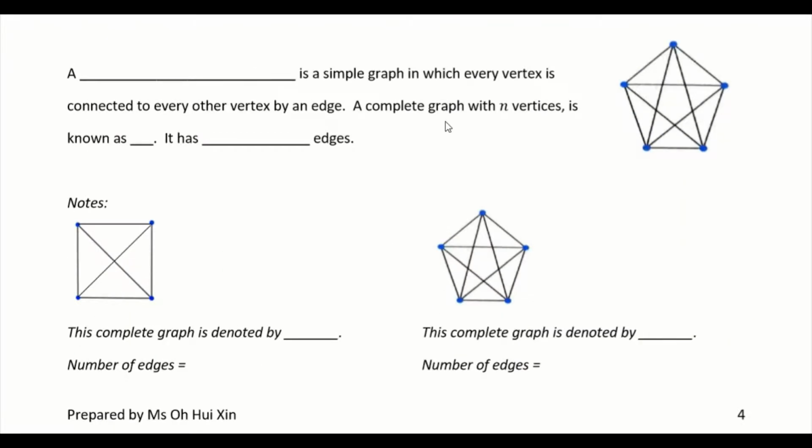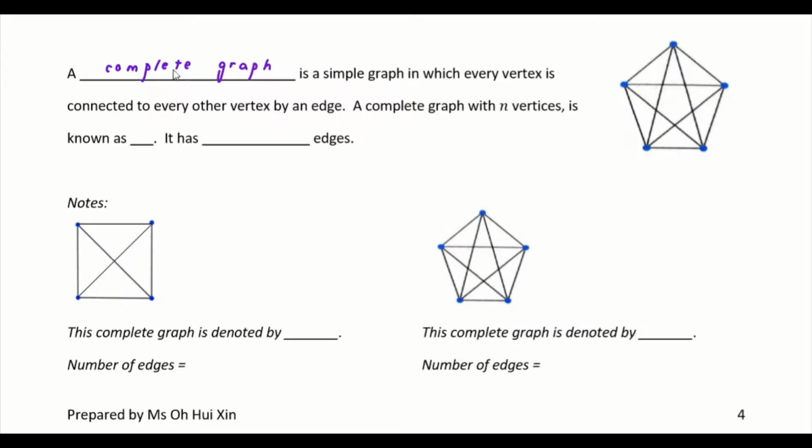The next one that we are going to look at is called the complete graph. The idea of a complete graph is a bit similar to the connected graph that we mentioned just now, but what you need is more rigid here. For a connected graph, we talk about every vertex being connected to every other vertex, so there is no disconnected part in the graph.